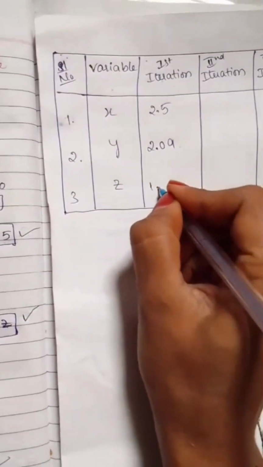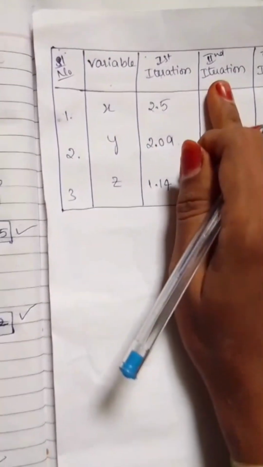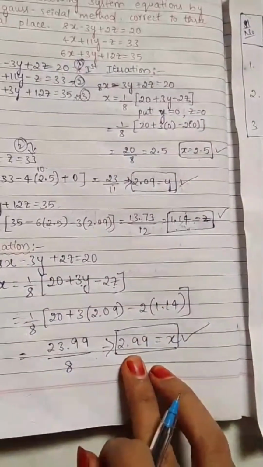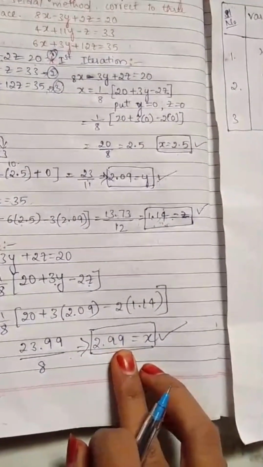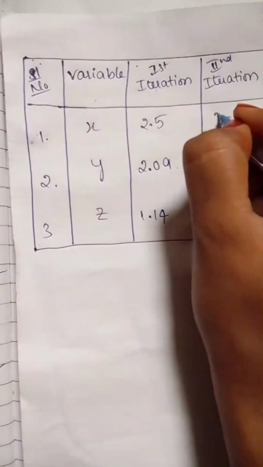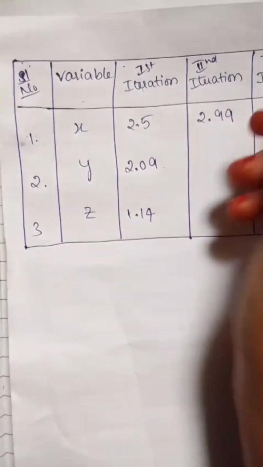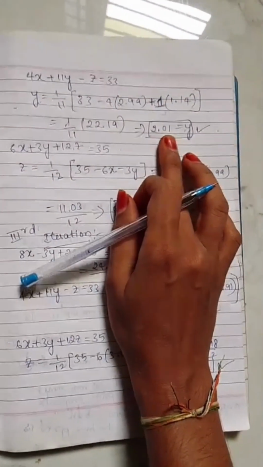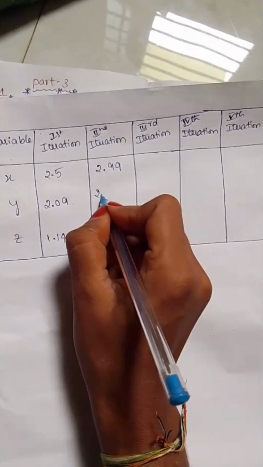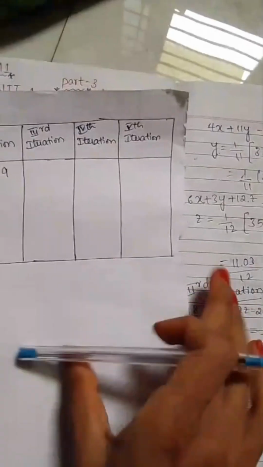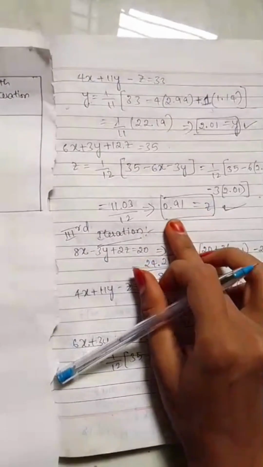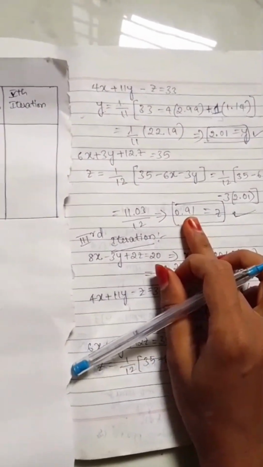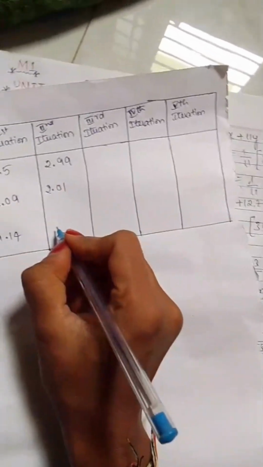In second iteration I got x value as 2.99 and y value as 2.01 and the z value is 0.91.